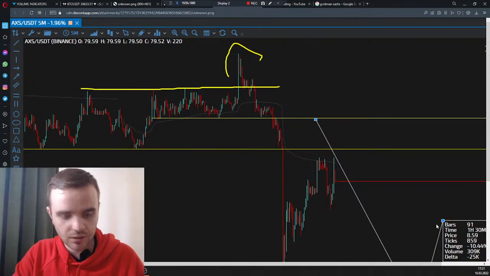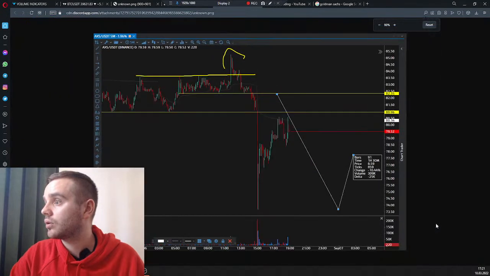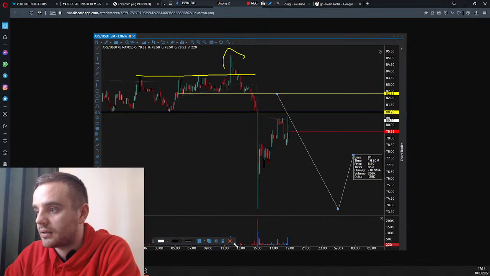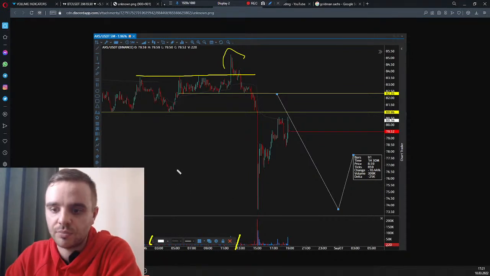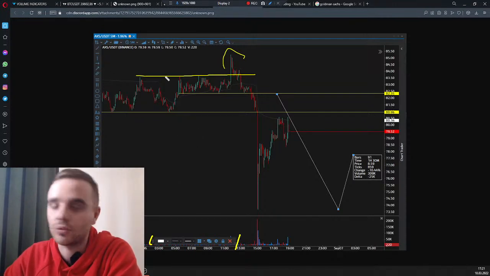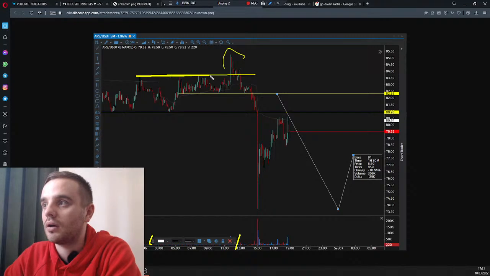I didn't delete this stuff when I made this screenshot, but still it is good confirmation for you of how a false breakout works. Have a look. Price was in a range, and after that price makes this break up.